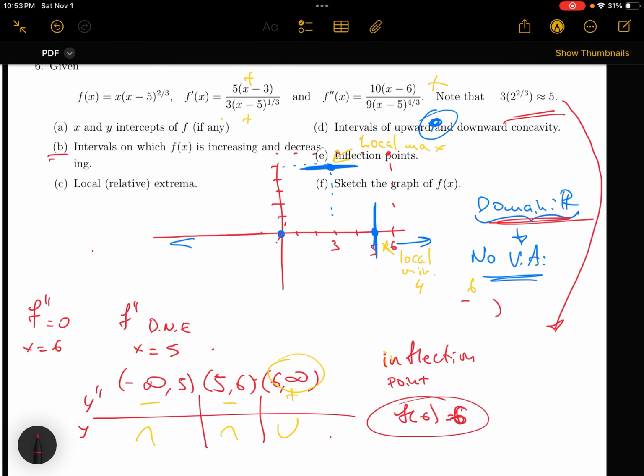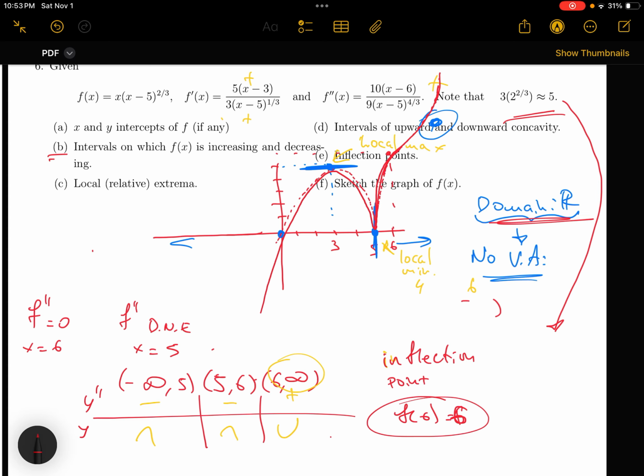So it's concave down and it's increasing, reaching the minimum, starts decreasing, reaches this vertical tangent line, starts increasing, and here changes finally concavity and goes to positive infinity. So here is the graph of our function.